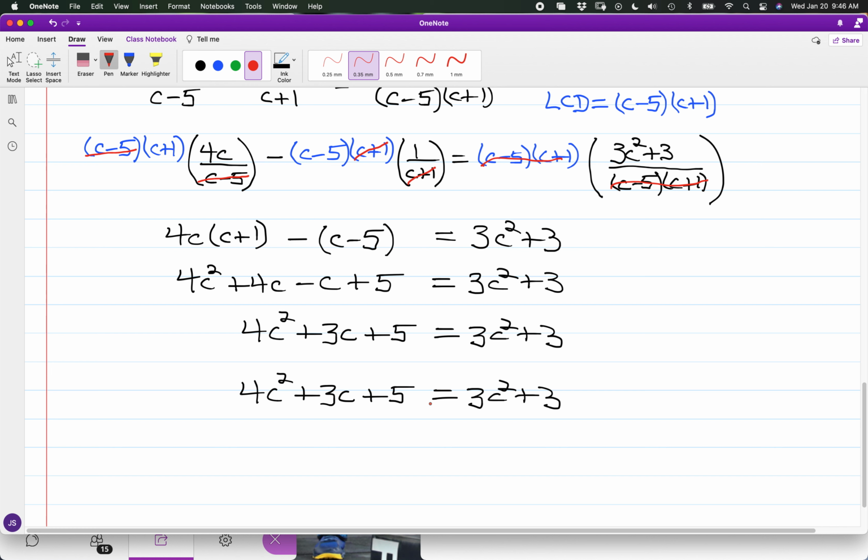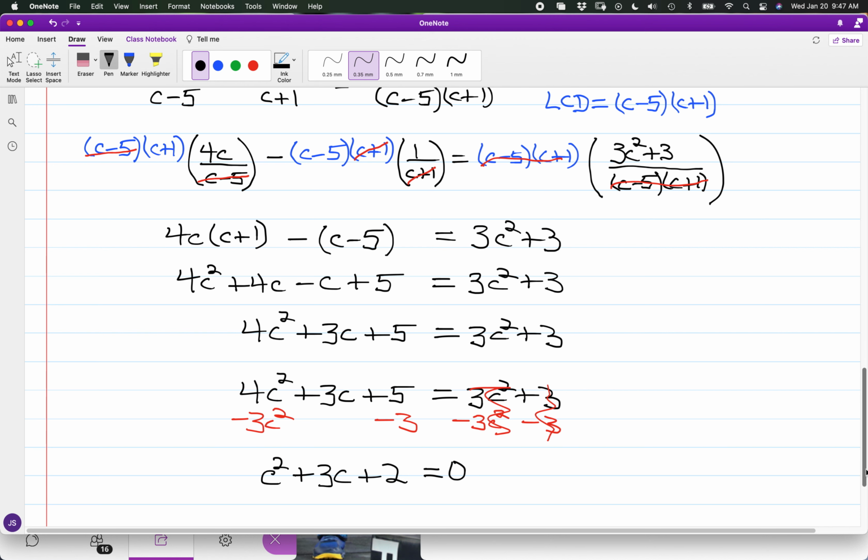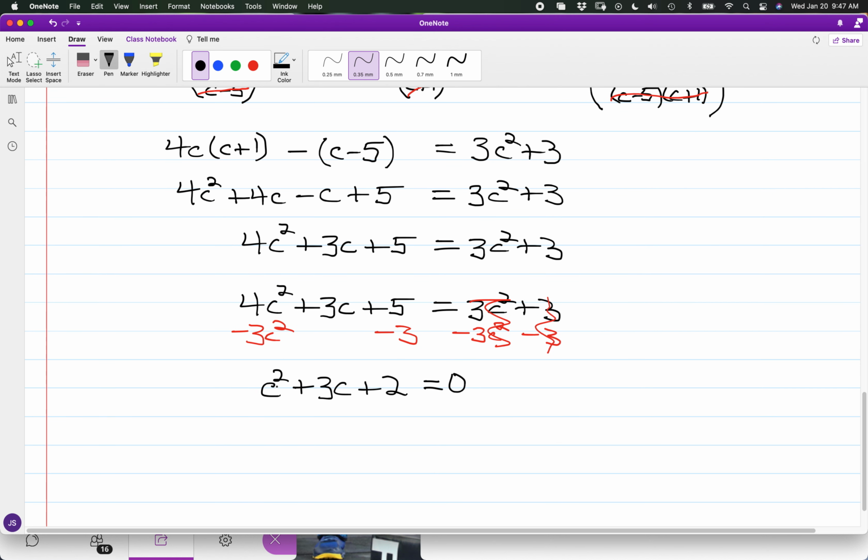So we have 4C squared minus 3C squared, which is C squared, plus 3C plus 2 is equal to 0. And in terms of the factoring, we have the quantity C plus 2 times C plus 1 is equal to 0.